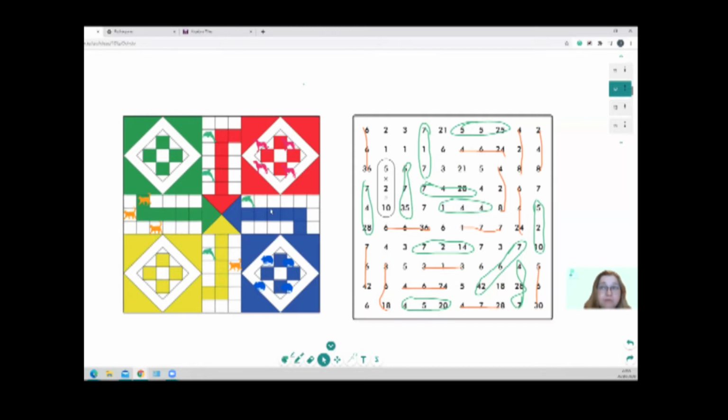Turn it into a game, and for every one they find, they can roll their dice and move their dolphin. Or, let's try and find 5. You try and find 5, I try and find 5, and then we'll move our game again. And I often use it as a reward for when they're doing what I'm wanting them to do, which is the actual maths, and then they get to play the game.